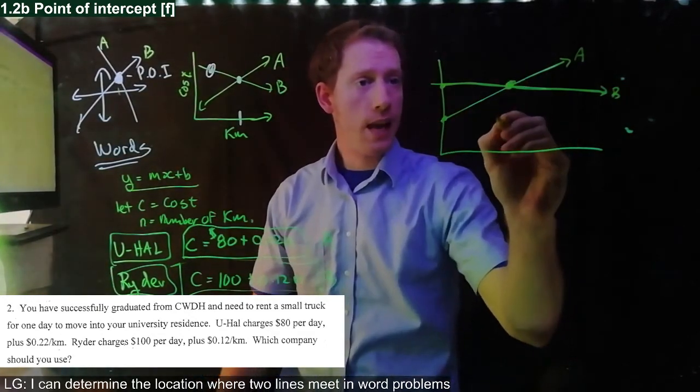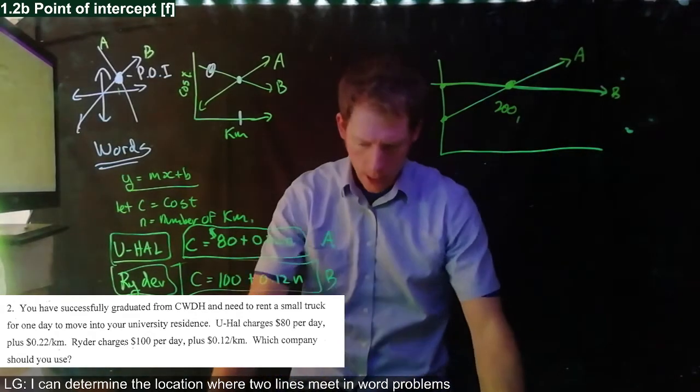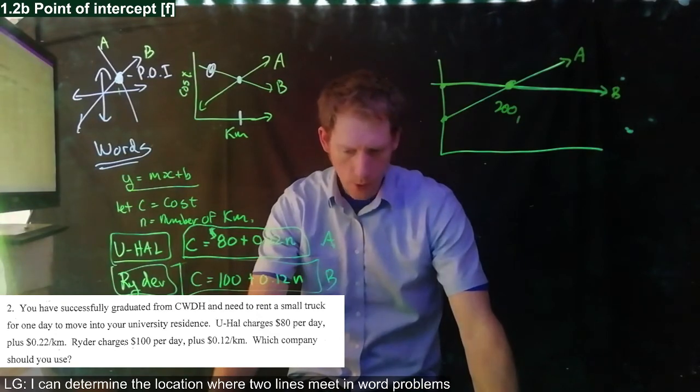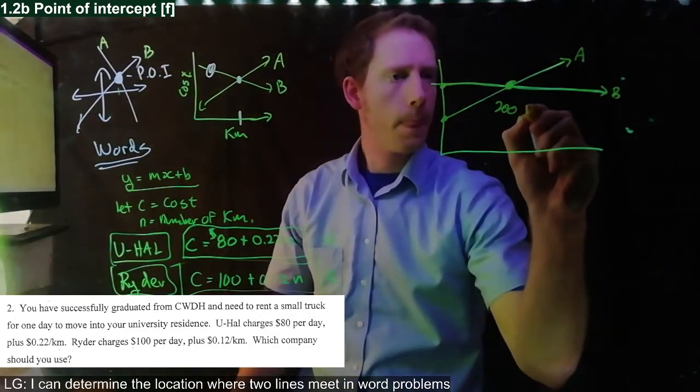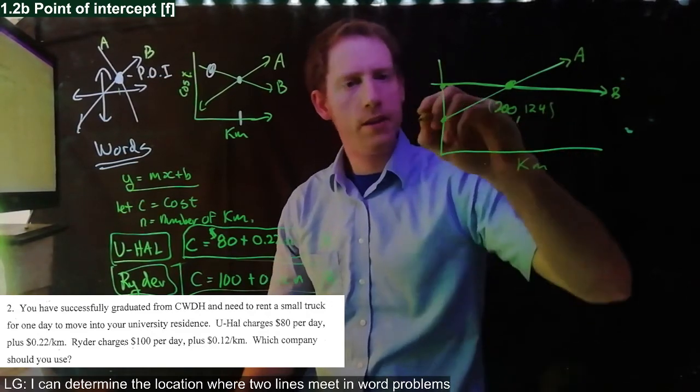The point of intercept was 200, comma, and if you forgot, you can go back, 200, comma, 124. And you'd label that this is kilometer and this is cost.